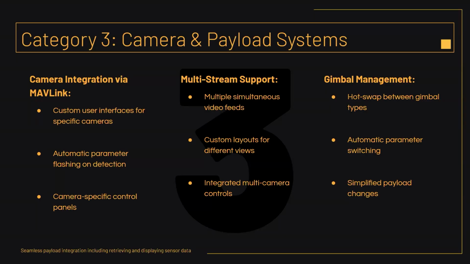From personal experience, if you want to support multiple cameras or payloads on your drone, and each payload requires different parameters, you might want to make it so that when the payload is detected, it automatically swaps those parameters so that a user doesn't have to do it. You also might want to show multiple video feeds at the same time, which I've done before, and that would give you more situational awareness while flying.